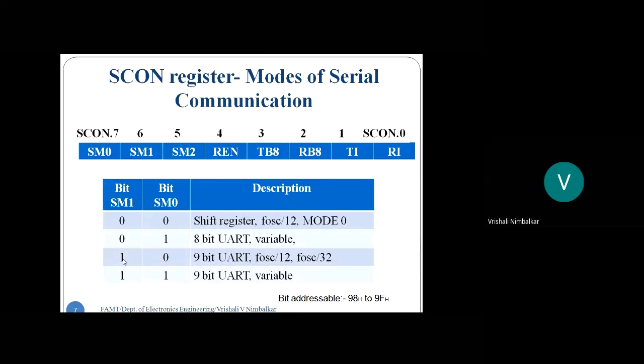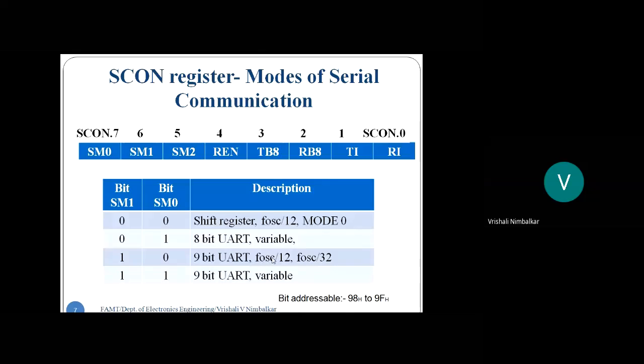Next, 10, that is mode 2, 9-bit data communication. So 8 data bits and the 9th bit is the parity. So 9-bit data communication, asynchronous communication, and there are only 2 baud rates, F oscillator divided by 12 and F oscillator divided by 32. Oscillator is that crystal oscillator.